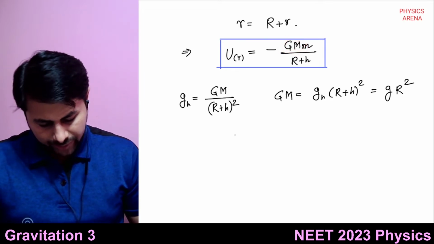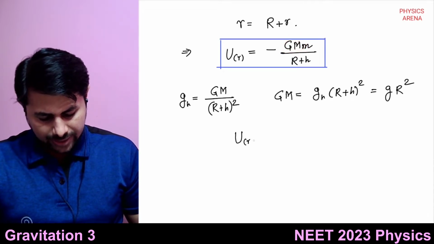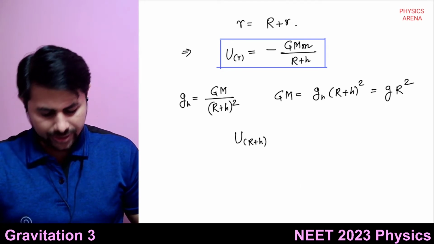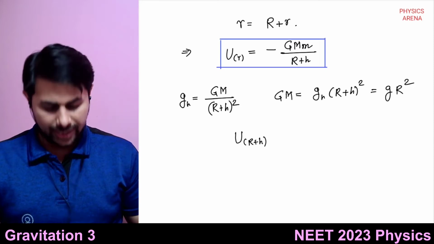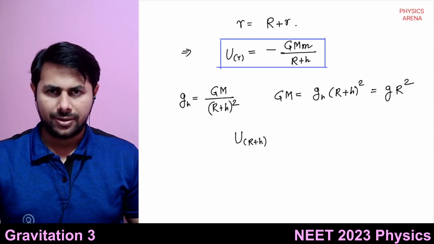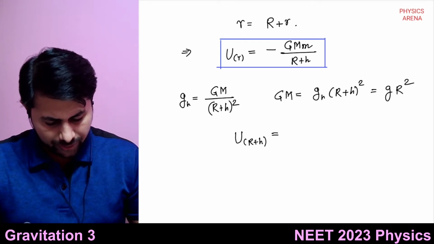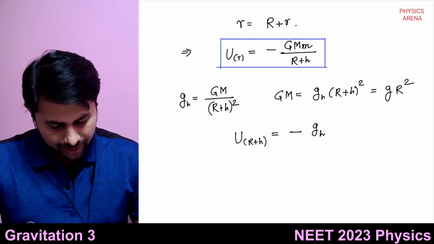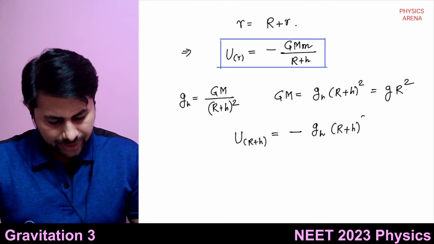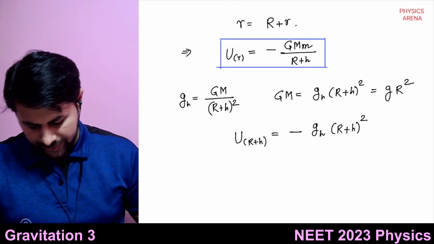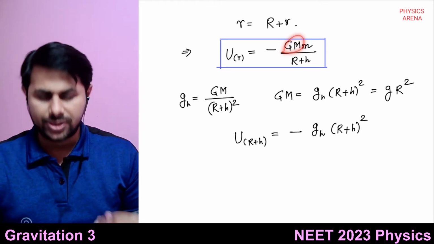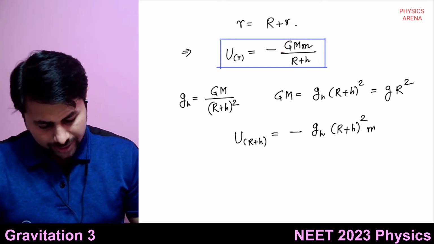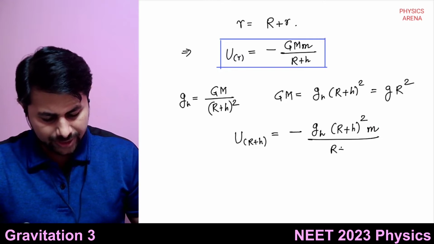We get potential energy at height h is equal to minus of g_h multiplied by (R plus h) square, multiplied by this mass m divided by R plus h.